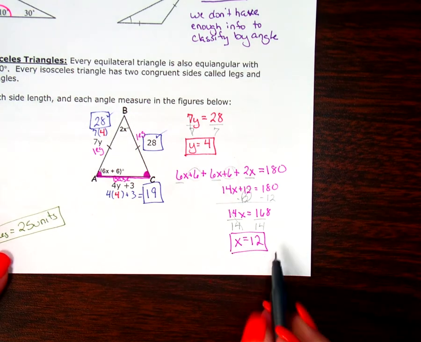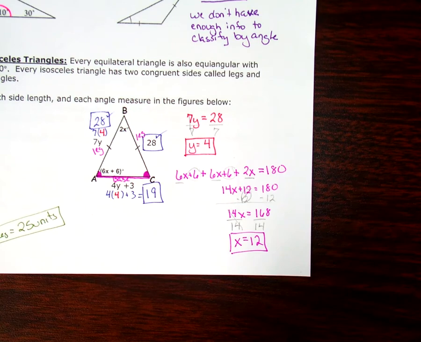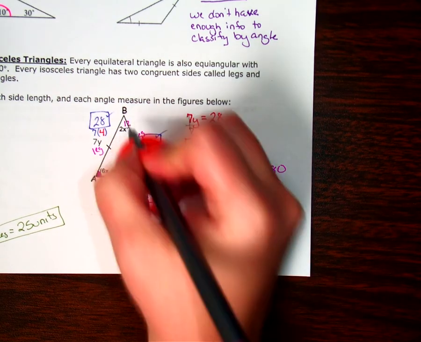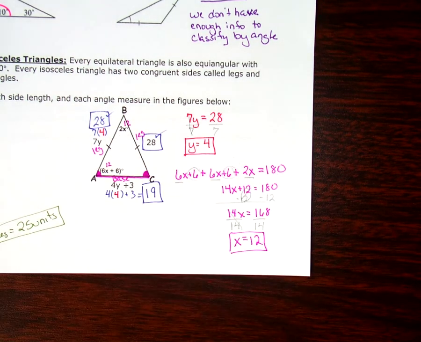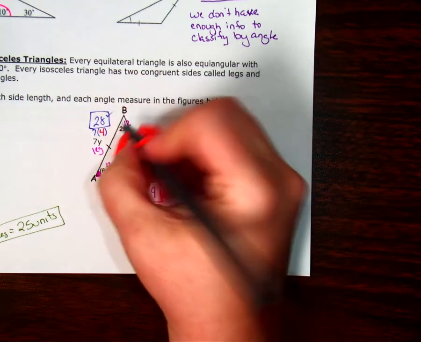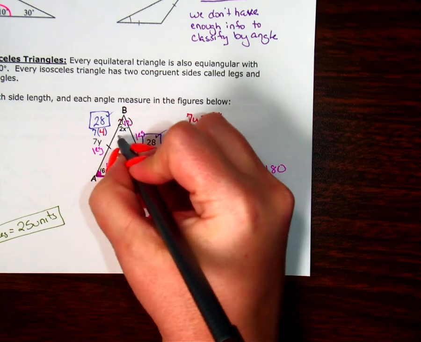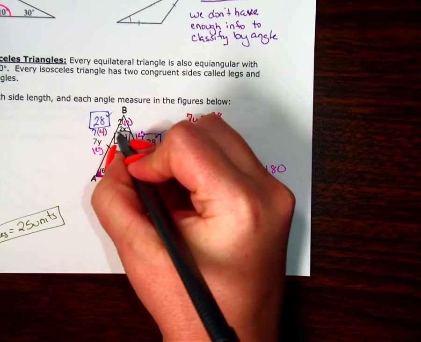Okay, so now I know x equals 12. I can use that to plug it in here and here. To find my angle measures, I'm going to have 2 times 12, so this angle is 24.